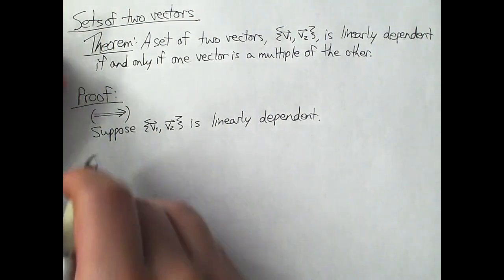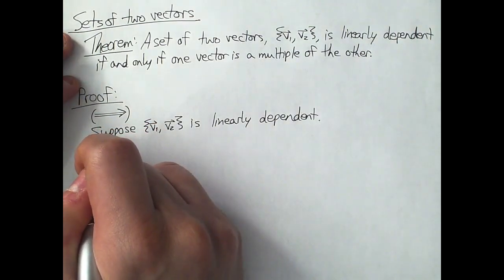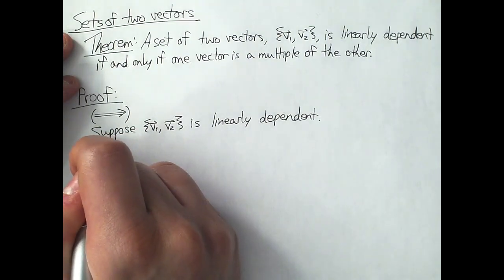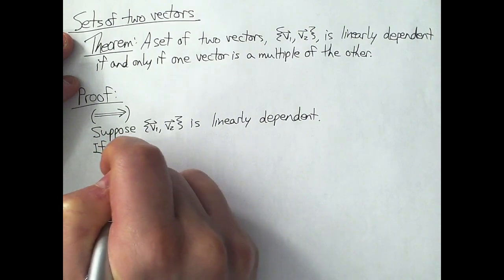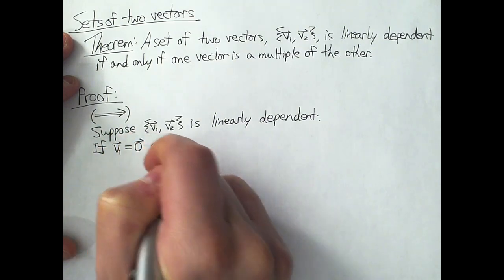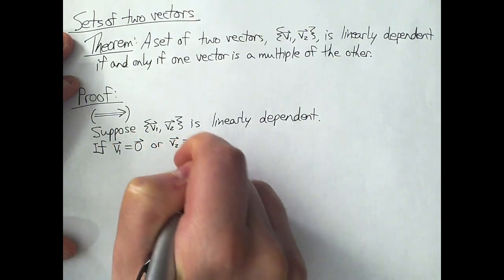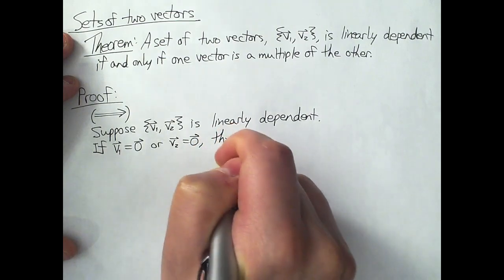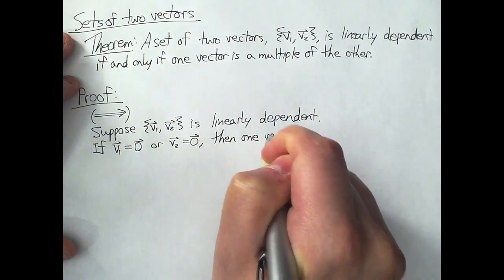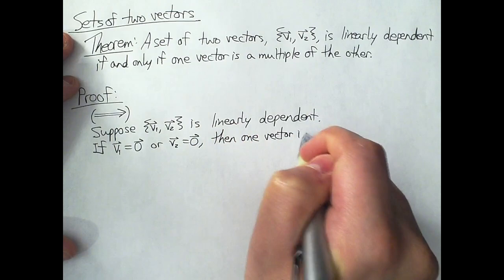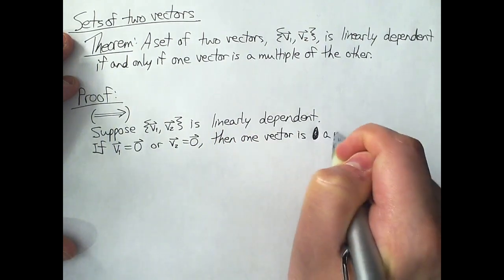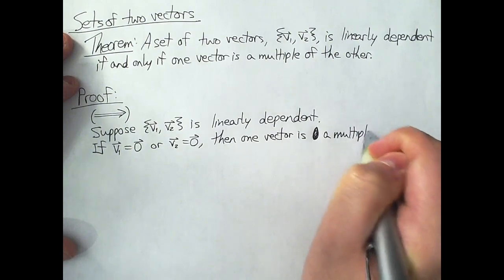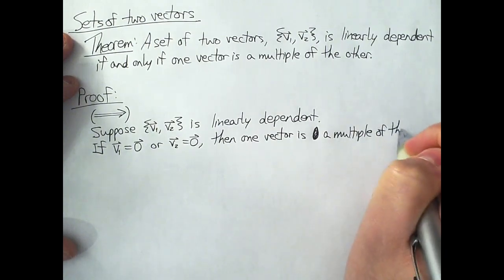All right, how about this? We're going to maybe break this into cases. I'm going to say first, if V1 equals the 0 vector, or V2 equals the 0 vector, then one vector is a multiple of the other. Can you see that?